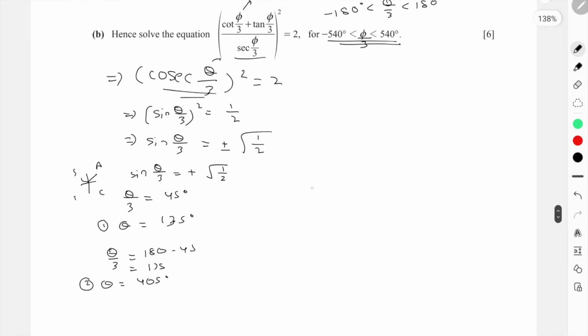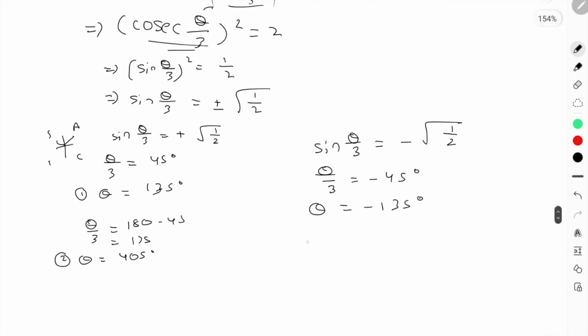And then we also have sine theta by 3 equals negative root 1 divided by 2. So when you calculate that, you get minus 45 degrees. So theta is minus 135 degrees.